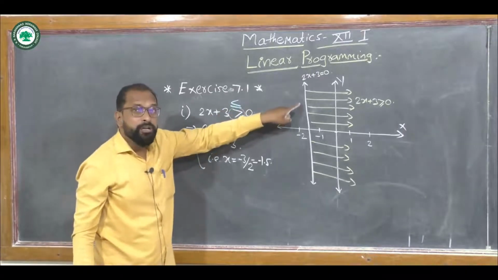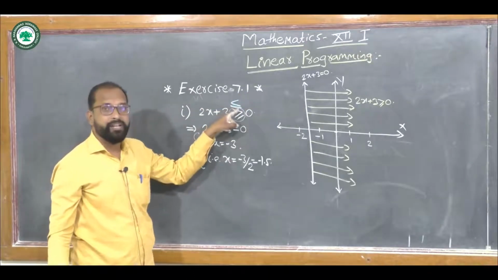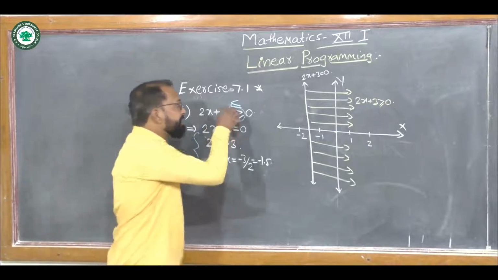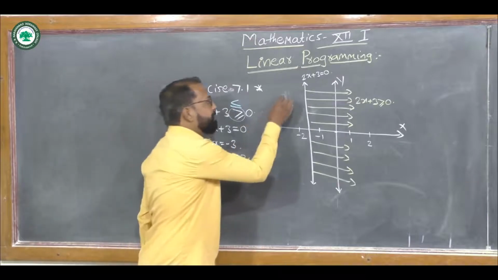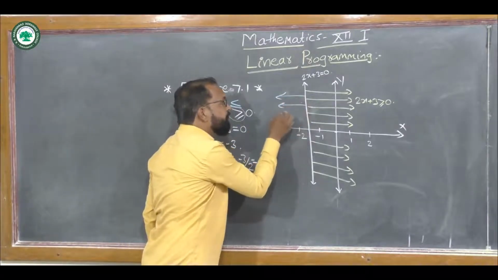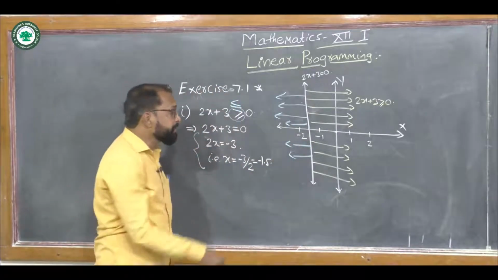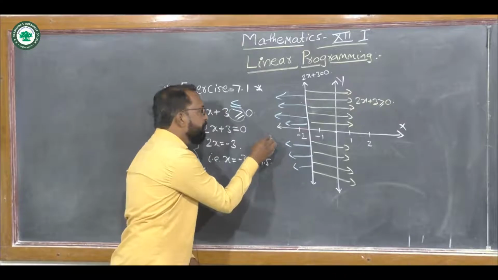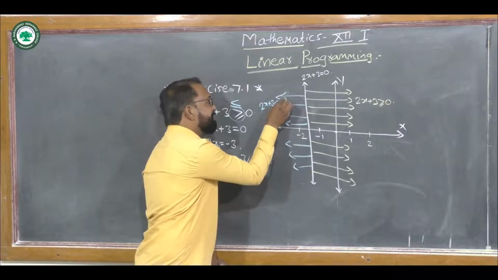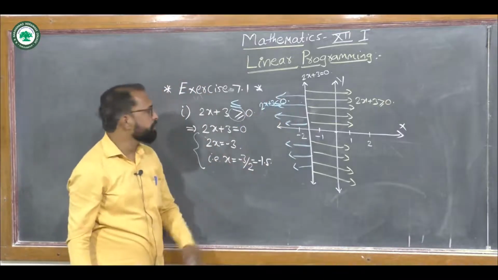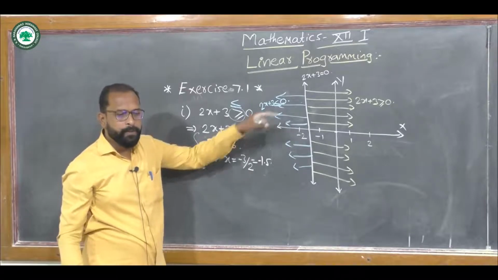In that case we consider the region which is the left side of that line. So this is the region for 2x plus 3 less than or equal to 0.